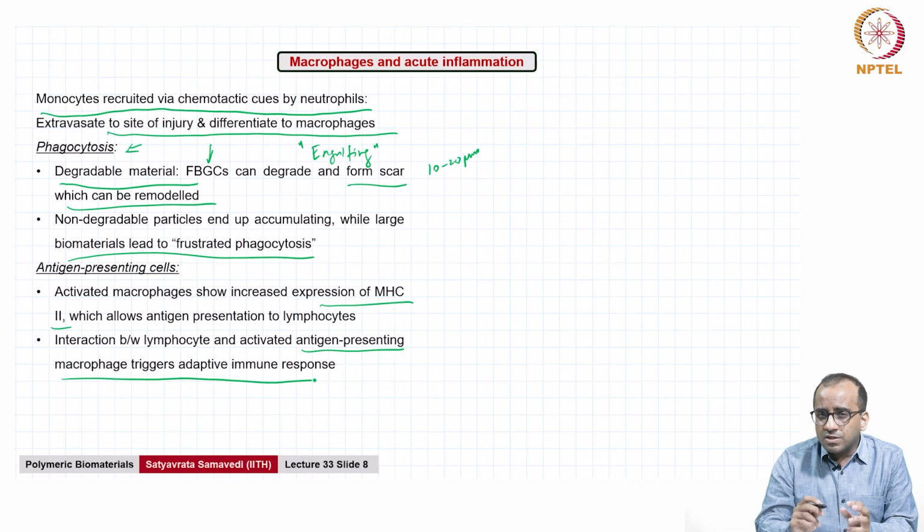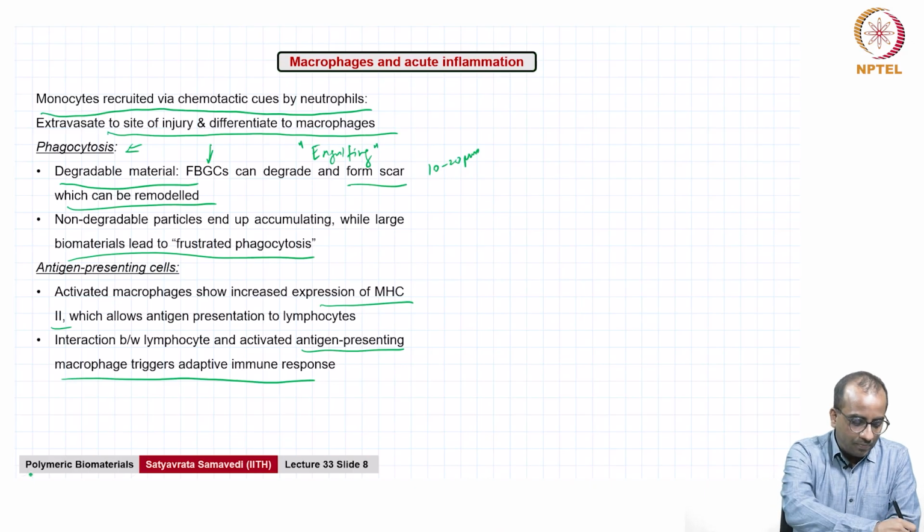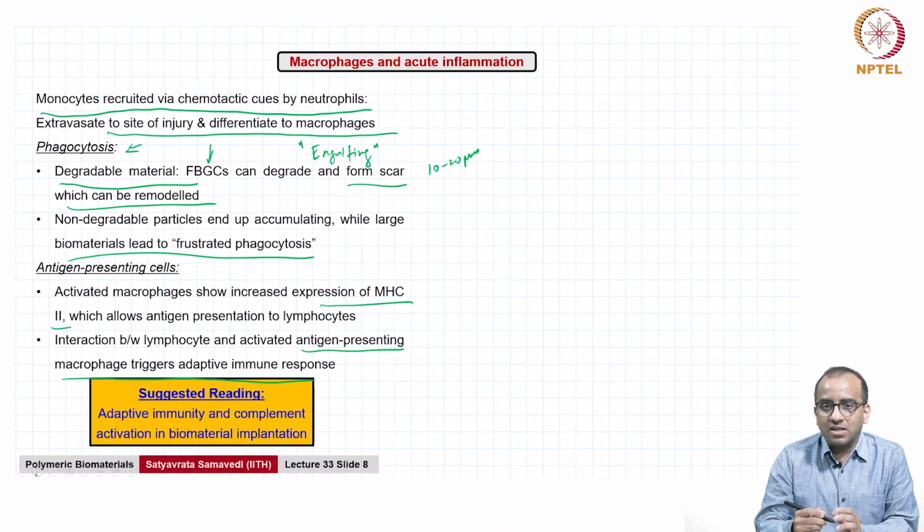And interactions between the lymphocytes and the activated antigen presenting macrophages, like I said, trigger the adaptive immune response, which is a fairly involved and complex set of processes, which you will not be looking at. But if you are interested and more biologically inclined, I would suggest looking at the role of adaptive immunity and complement activation in biomaterial implantation. Because our focus is more polymeric biomaterials, we are not spending any time on this aspect.